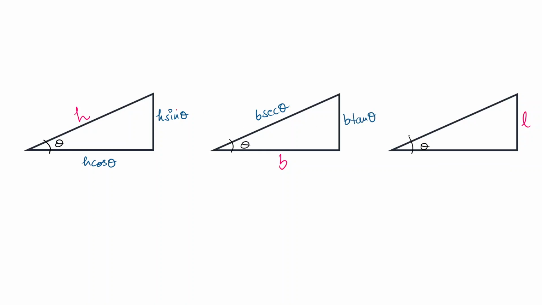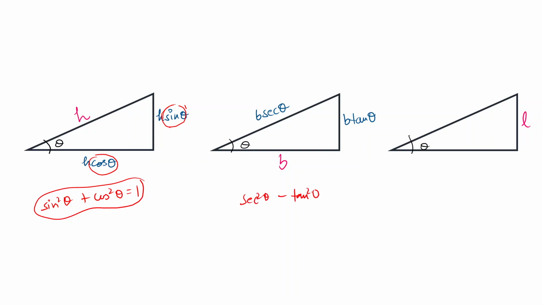You see these things, sin theta appearing here, cos theta appearing here. I would like to remind you that sin square theta plus cos square theta is equal to 1. This is also Pythagoras theorem stated in a trigonometric way. And also here you see sec square theta minus tan square theta is equal to 1. This is also Pythagoras theorem stated with sec and tan.